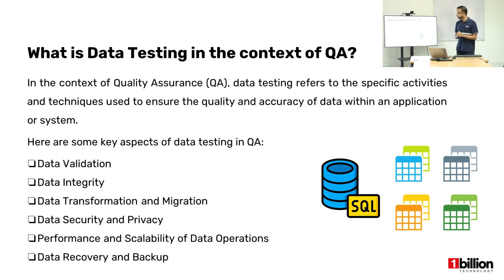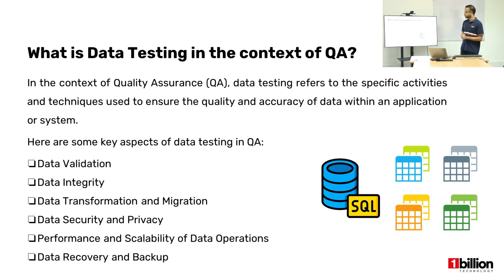Data integrity mostly focuses on the accuracy, consistency, and reliability of data. This can include testing data dependencies and data integrity constraints. That is why data integrity is also a key aspect within the database.